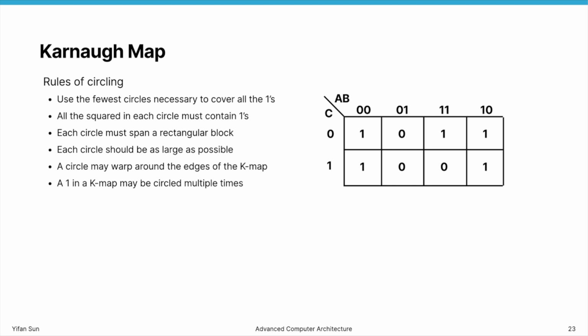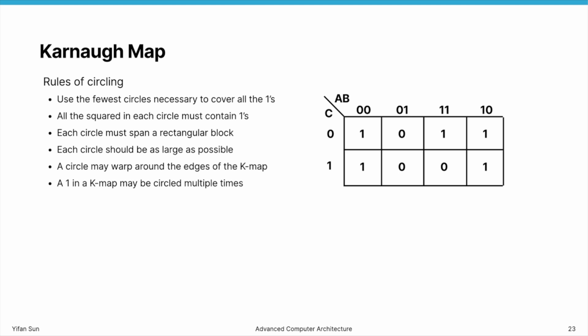So in this way, how do we circle them? We first circle this one as 1 circle, right? 1 square. And then there's an extra one. Now it should be drawn as large as possible. That's why we shouldn't put it here, but we should draw it in this way. But we cannot wrap around because there are only 3. So it's either 1, 2, 4, or 8 of them in 1 circle.